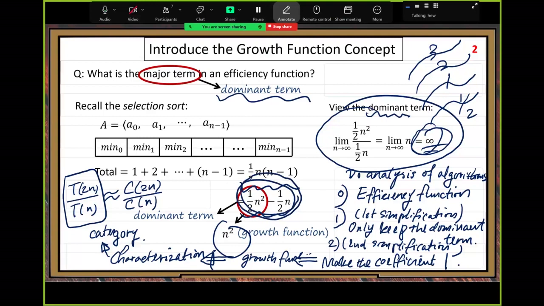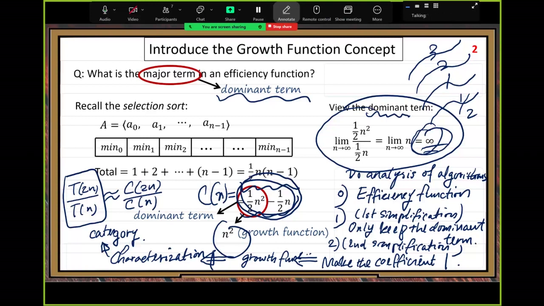You can plug in 2n. So this is a function, you can plug into n. This is C of n. So if you want to look at C of 2n, you replace n by 2n. That's how you calculate the function of 2n.